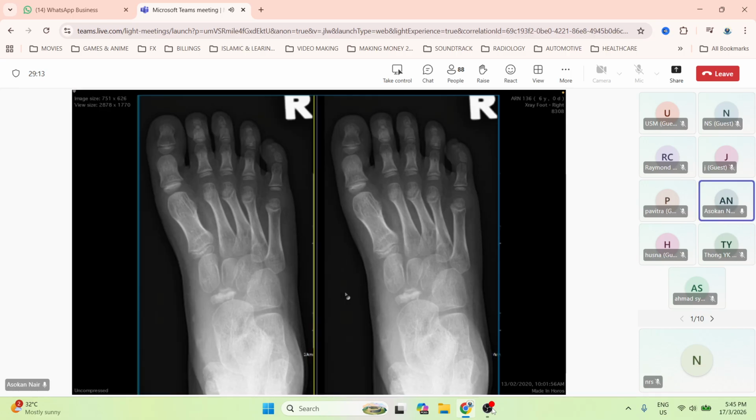Okay, somebody shout the diagnosis. Osteonecrosis of the navicular bone, AVN of the navicular. What's the name?